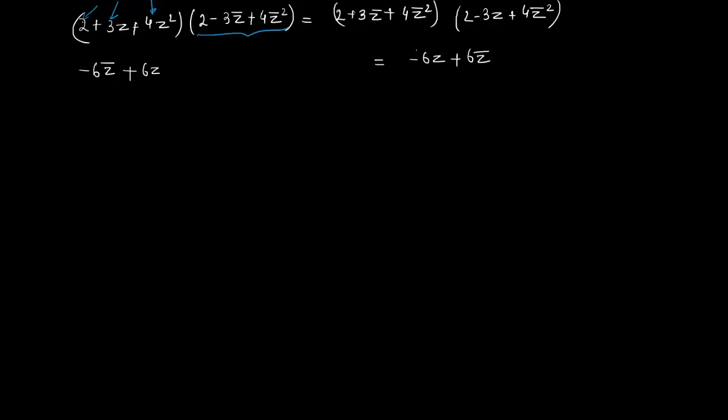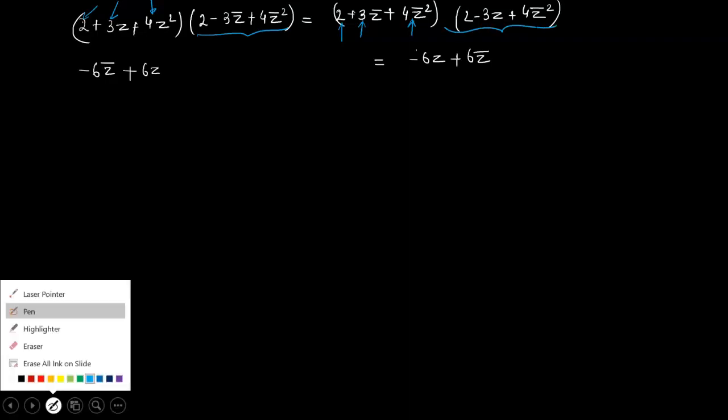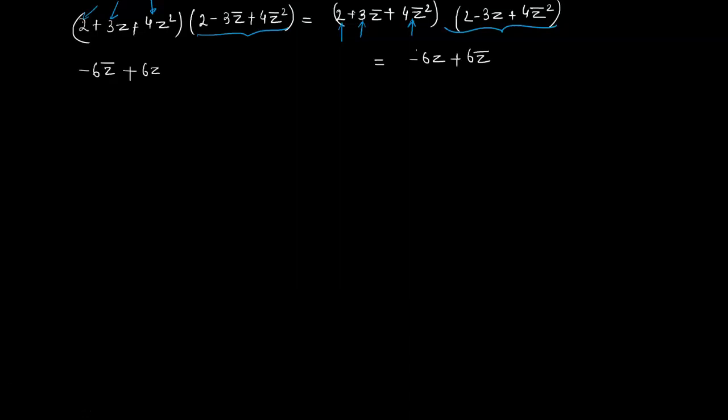Similarly, here also I am using these individual terms and multiplying mutually. Minus 9z bar into z is going to cancel, so we will not write it here. Again 3z into 4z bar square, 3z bar into 4z square.